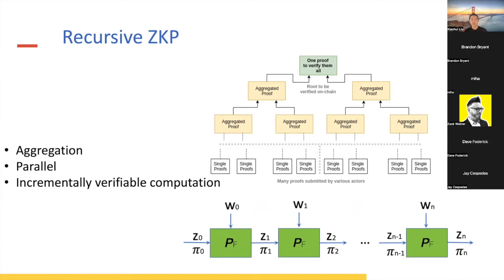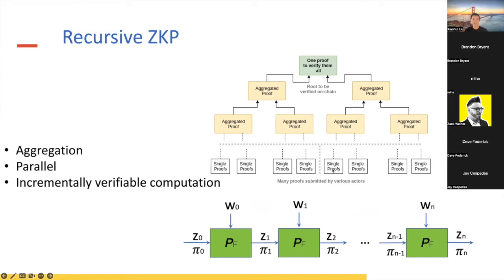If we were to replace the bottom left one with block one, and then moving to the right, it would be block two, and moving to the right, that would be block three. The one proof to verify them all actually does have to go through and map and verify each of these blocks on its own before the green block at the top can show a positive result. Is that a fair assumption? Yes?